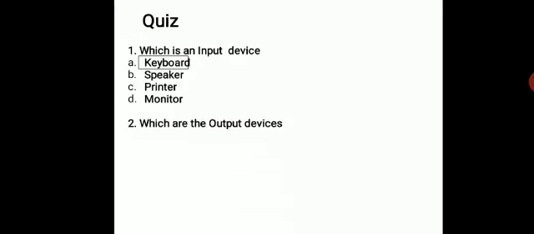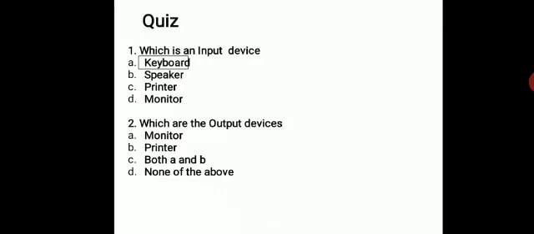Second question, which are the output devices? Monitor, printer, both A and B, none of the above. Yes, C is correct. Monitor and printer are output devices. Third question is, CRT stands for?